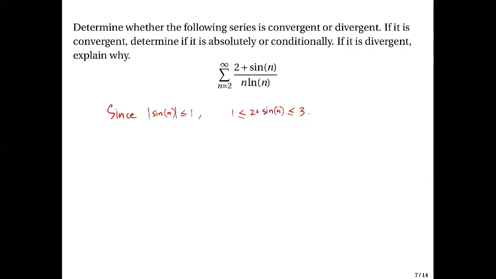So in here, 1 over n ln of n is less than or equal to 2 plus sine n over n ln of n. And take note that this is greater than 0 since n starts from 2. So let us write that for n greater than or equal to 2.